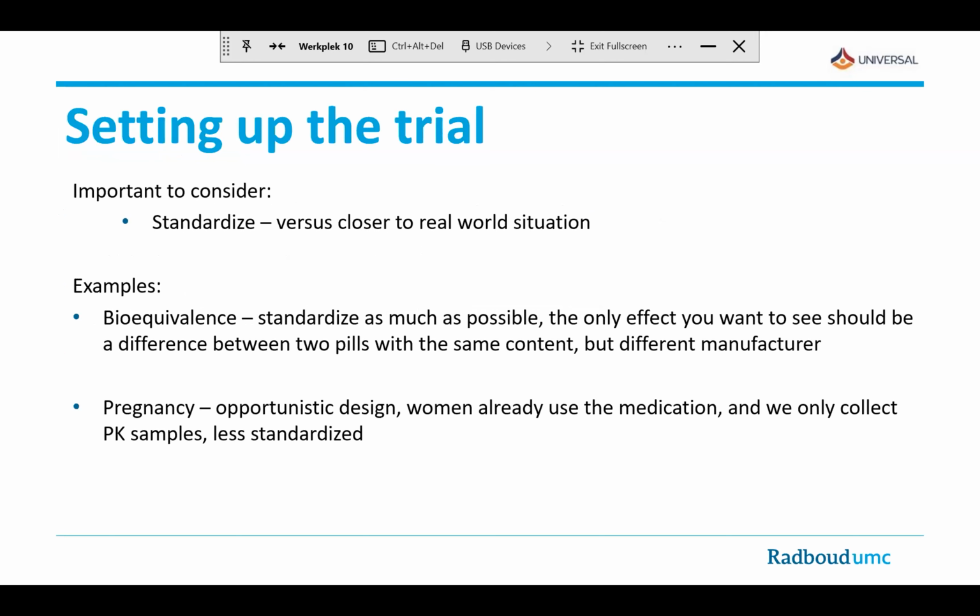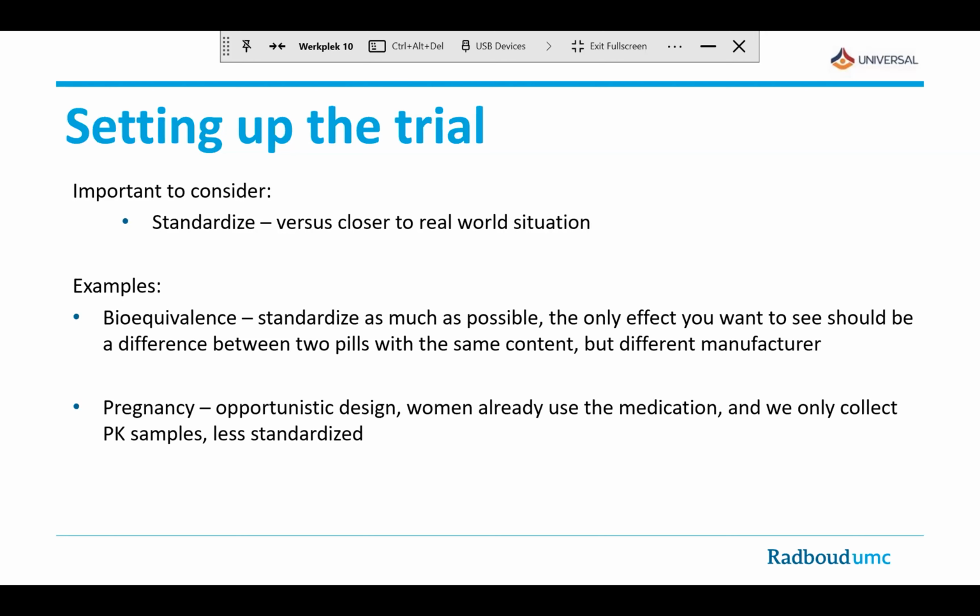For example, when you perform a bioequivalence study in which we test whether the area under the curve and Cmax, so the exposure of a generic drug, is similar to the exposure of the first drug that was registered. So for example, if a new company wants to make a new paracetamol, they have to do a bioequivalence study, and these parameters have to match very well.